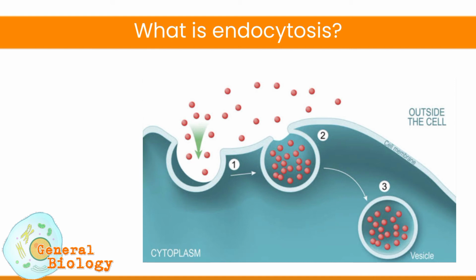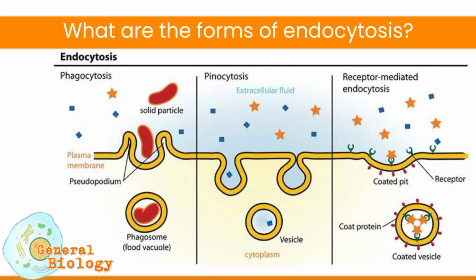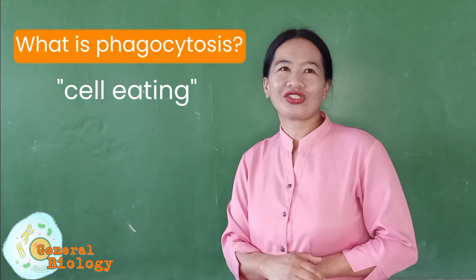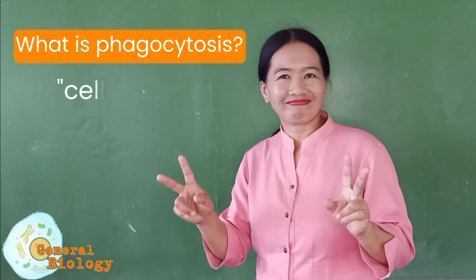Endocytosis often brings materials into the cell that must be broken down or digested. Endocytosis may be phagocytosis, pinocytosis, or receptor-mediated endocytosis. Phagocytosis is also known as cell eating.